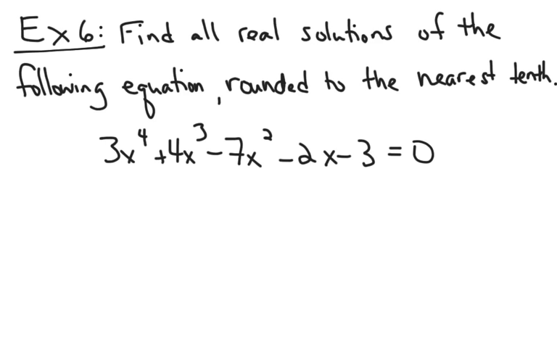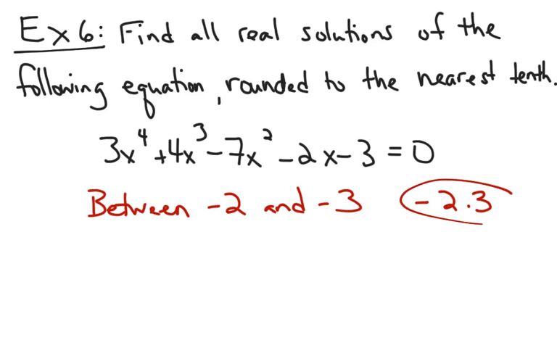One of the places that the graph crosses the x-axis is between negative 2 and negative 3. So if you use the 0 function, and you use negative 3 as your left bound, negative 2 as your right bound, you'll find out that the 0 is at negative 2.3 rounded to the nearest tenth.